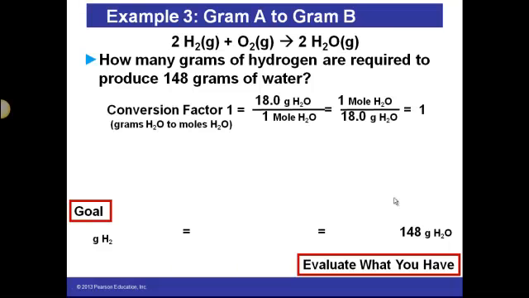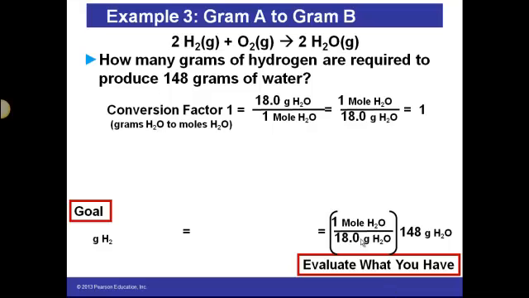So first thing we need to do is convert back into moles of water, because that's how we evaluate our equation. So we know that for every mole of water that we make, we need a mole of hydrogen gas. So to compare this to hydrogen, we need to convert our grams of water into moles of water.